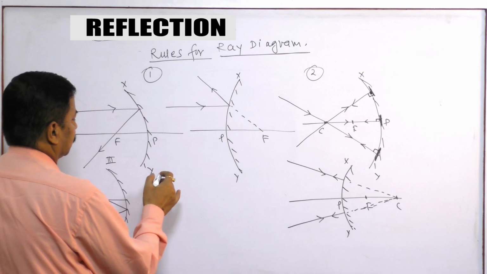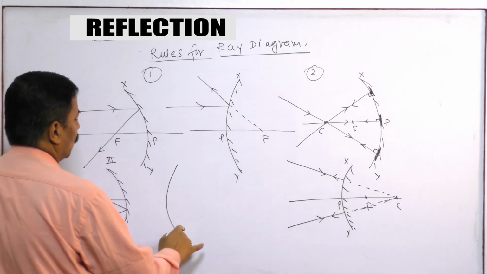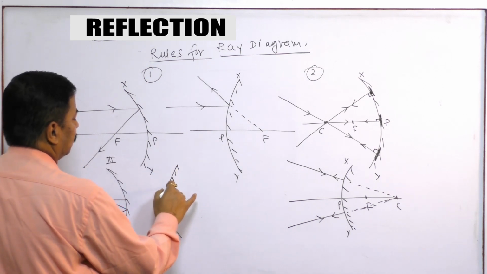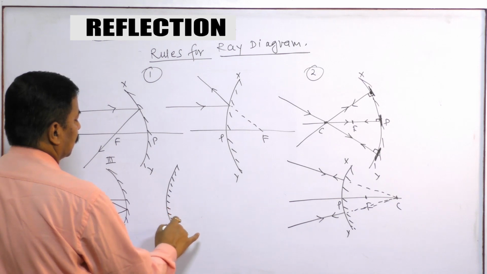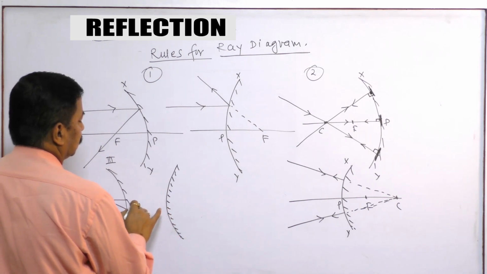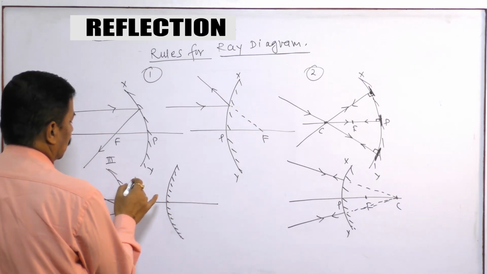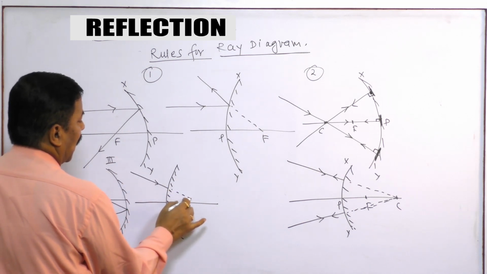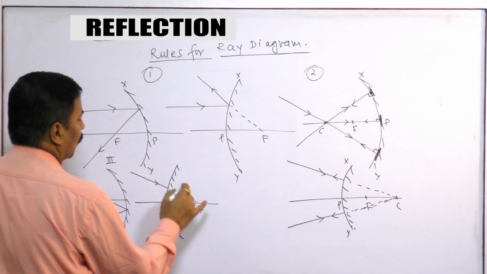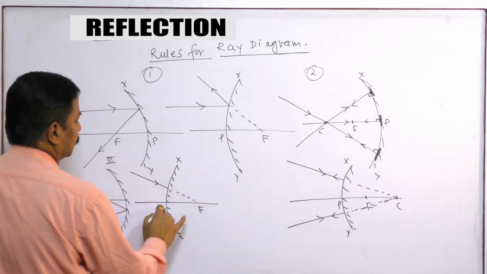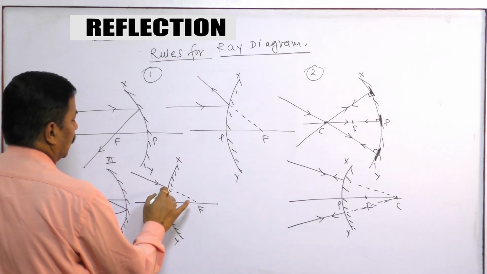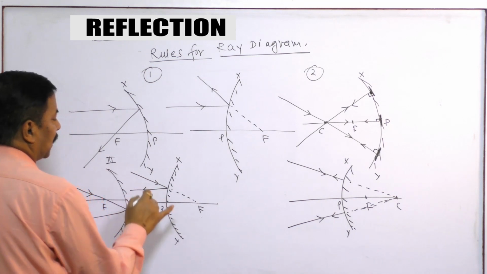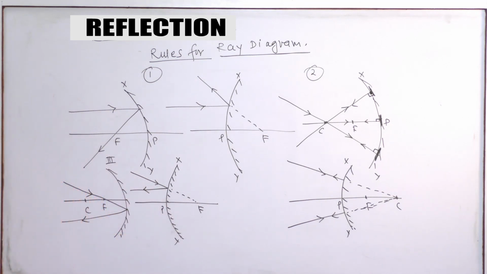And for convex also the same thing is valid. How? Here, if the ray appears to pass through the focus, then after reflection it becomes parallel to the principal axis.